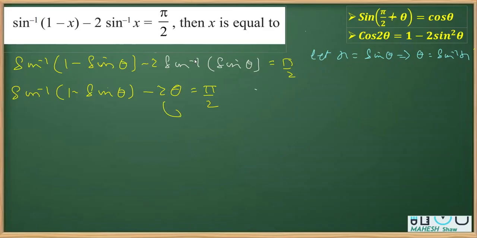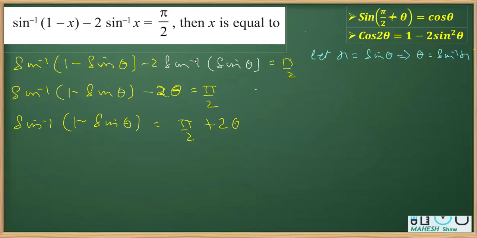Now, if I transpose this minus 2 theta to the other side, we'll get sine inverse (1 minus sine theta) is equal to pi by 2 plus 2 theta. As you know that this is minus 2 theta, on transposing it is positive 2 theta.